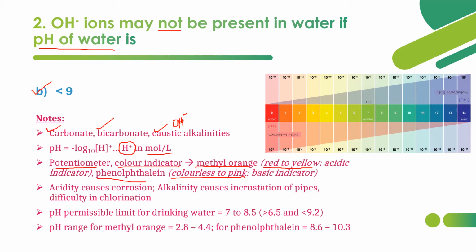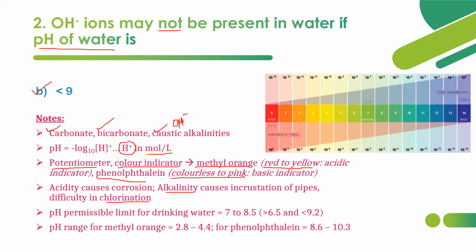So these are the basic measurements for pH value. What are the other things to note? Acidity causes corrosion, while alkalinity causes incrustation of pipes and difficulty in chlorination. Chlorination is nothing but disinfection, so alkalinity or basicity makes disinfection difficult.